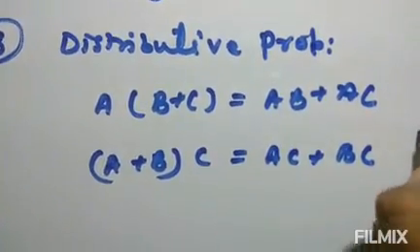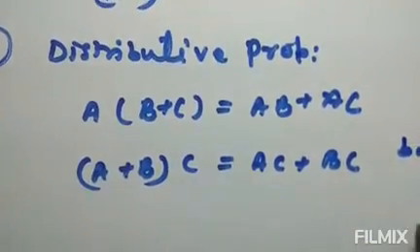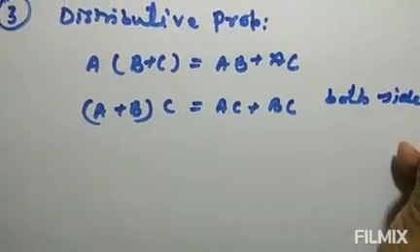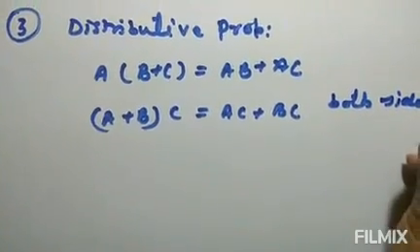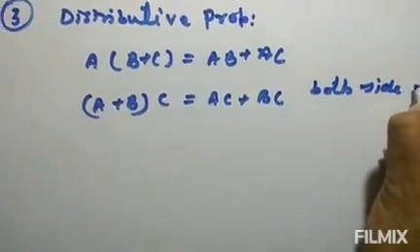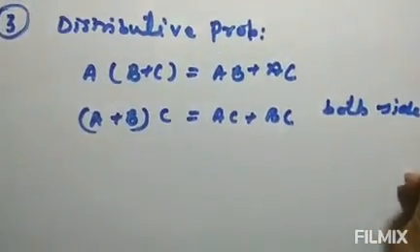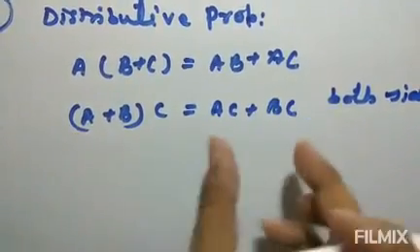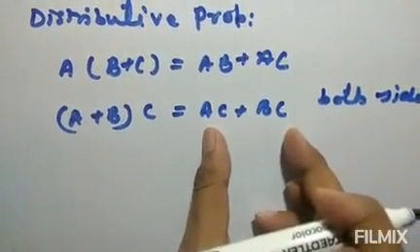Here also both sides of equality are defined. It means order of LHS equals to order of RHS.